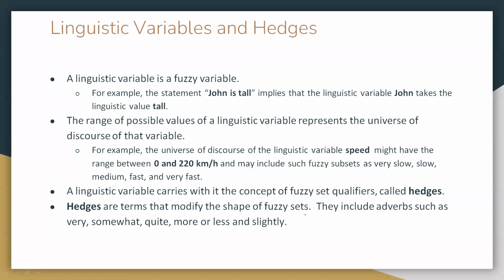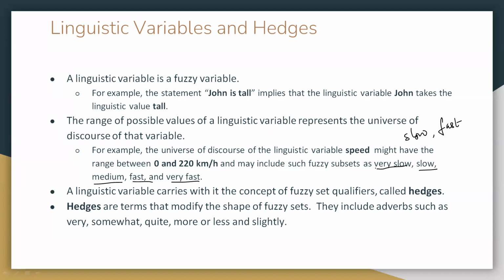When you think of the linguistic variable speed, we may have fuzzy subsets such as very slow, slow, medium, fast, and very fast. So these are also possible. On the first round, you can just think of slow or fast as the basic values.